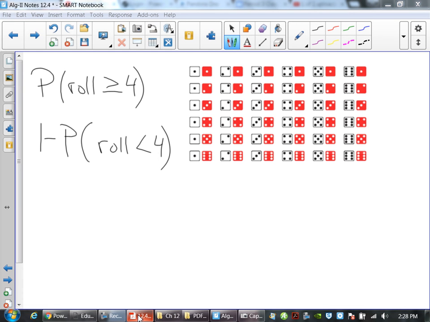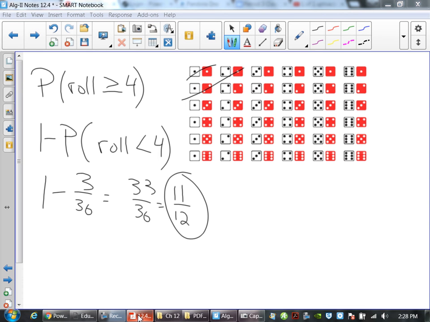So less than 4 is how many of them? 3. Everything else is 4 or greater. So I would say 1 minus 3 out of 36 gives me what? 33 out of 36. It is 11 out of 12. Right.